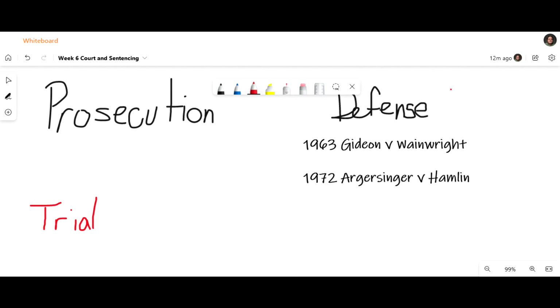Once they do figure out their decision on the process, most states require that the final verdict in a criminal trial has to be unanimous. This means that everyone agrees. Unanimous just means everyone agrees, not a majority, everyone. If you are not able to reach a unanimous decision, the jury then becomes a hung jury.